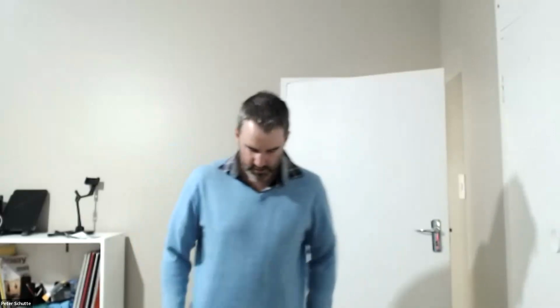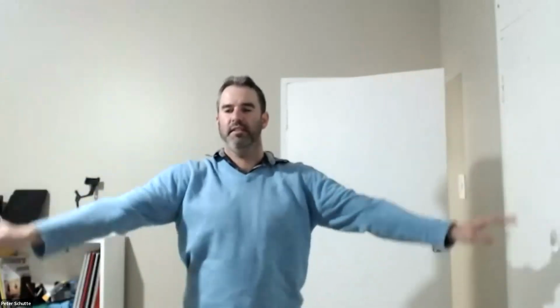Okay. And then let's put our arms out and do some nice small circles going forward. Nice and small circles. And then we're going to go into slightly bigger circles just to get our arms moving. And then change direction. So you're going backwards now with big circles. And then going into smaller circles. And nice and small.